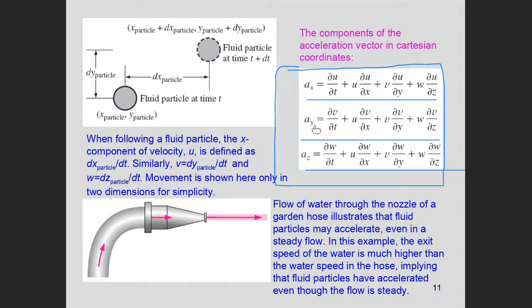Similarly, ay is del v by del t, plus u del v by del x, plus v del v by del y, plus w del v by del z. Az is del w by del t, plus u del w by del x, plus v del w by del y, plus w del w by del z. This is an expression for the acceleration.